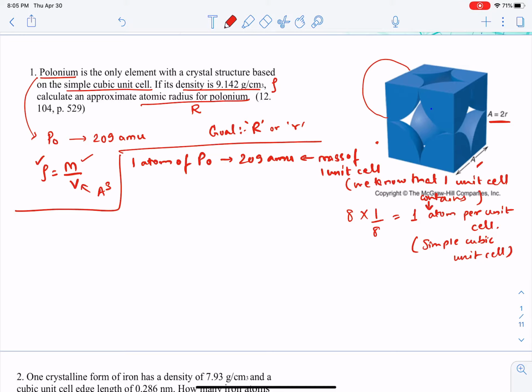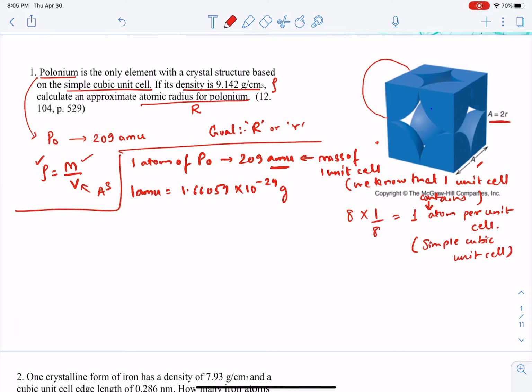The density is in grams per centimeter cube, but what we have here is in AMU. So we need to convert AMU into grams. We know that 1 AMU is equal to 1.66054 times 10 raised to minus 24 grams.